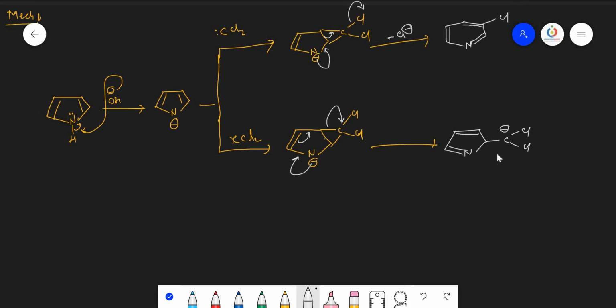Now this is not an aromatic compound. To get the aromatic character, this negative charge will attack over here, and these pi electrons shift that side. This pi electron shifts over here, these pi electrons will shift over there.